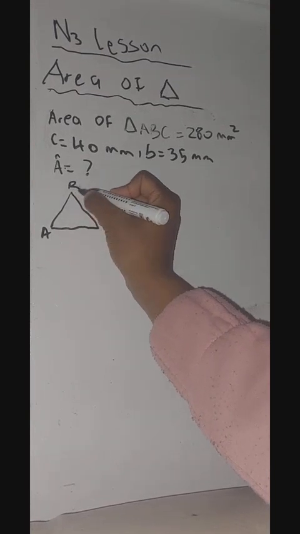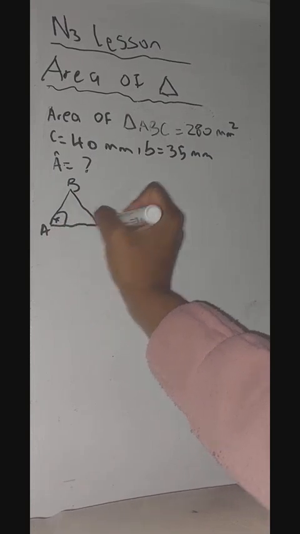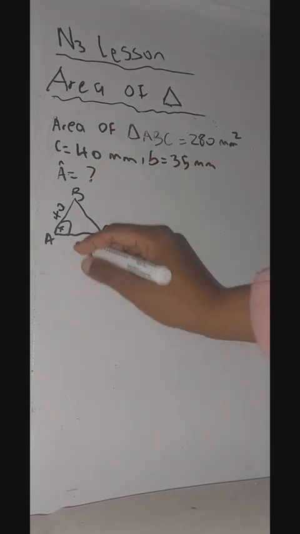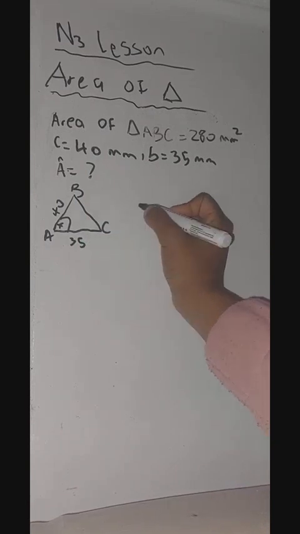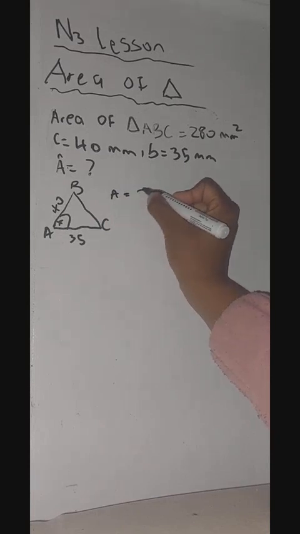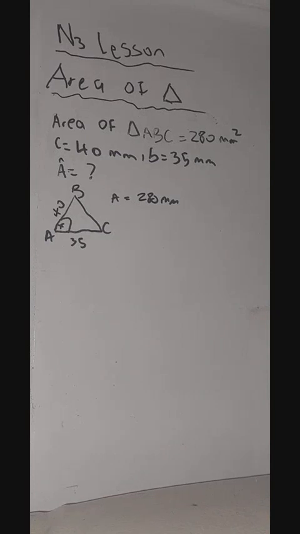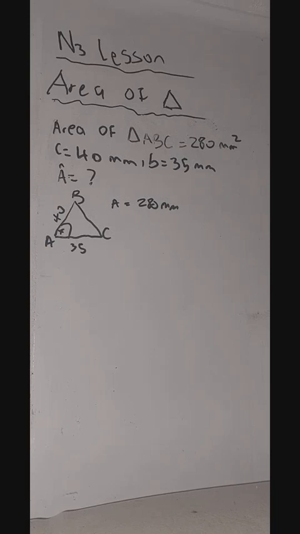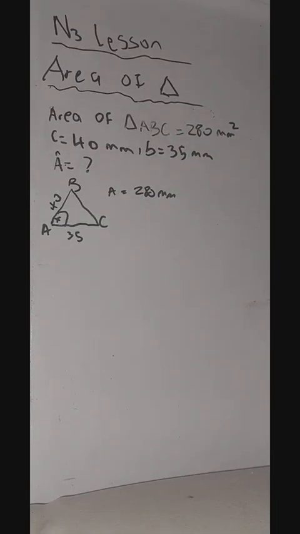Say A, B, C. We are looking for this angle, but C is 40 and B is 35, and we have the area of 280 millimeters squared.